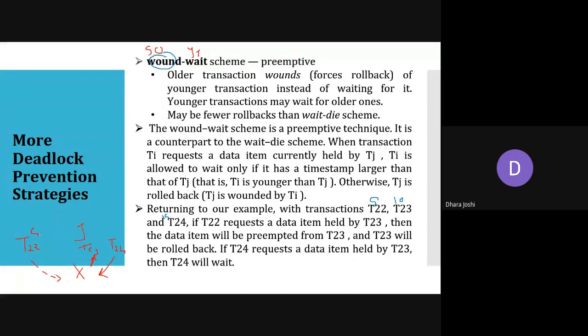So T22 wants data item X, so it will be forcefully taken from T23, and T23 needs to be rolled back. But in a scenario between T23 and T24, T23 is senior and T24 is junior. So if T24 requests, it needs to wait. So this is the wound-wait scheme, which is preemptive in nature.